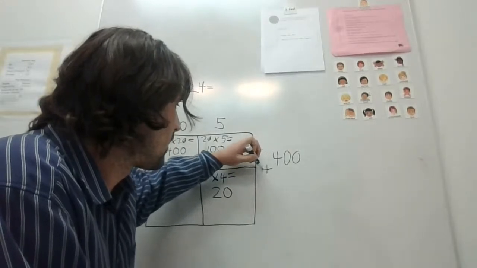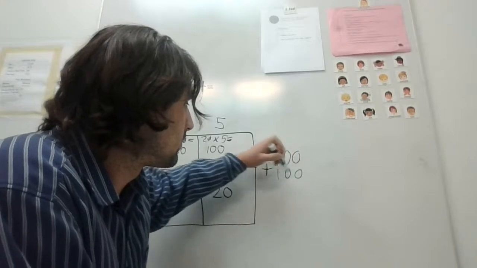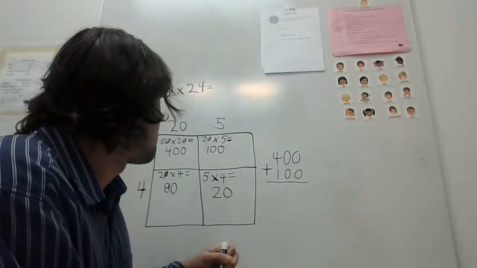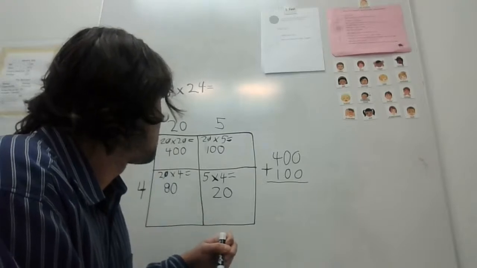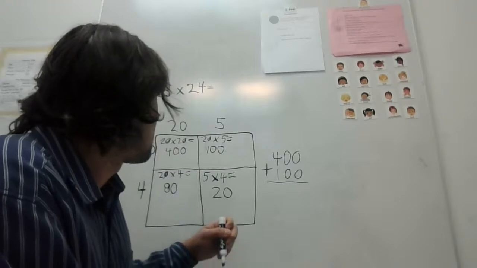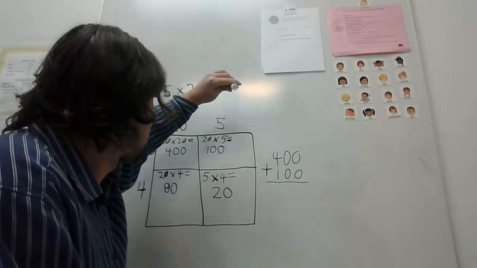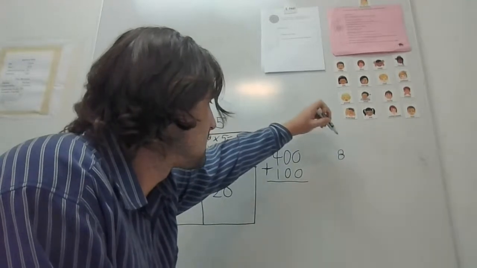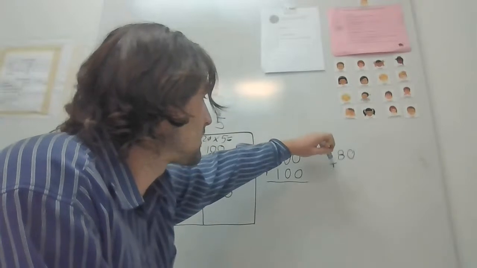So we have 400 plus 100. And then we have 80 plus 20.